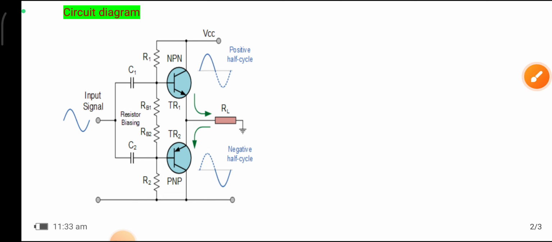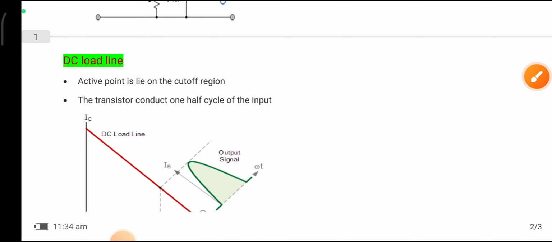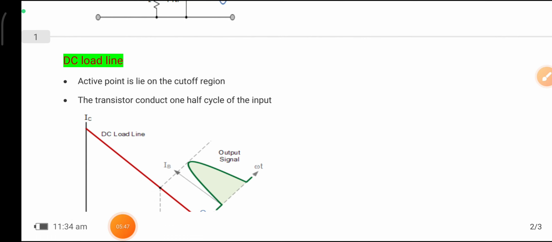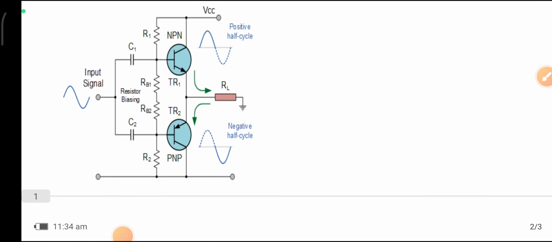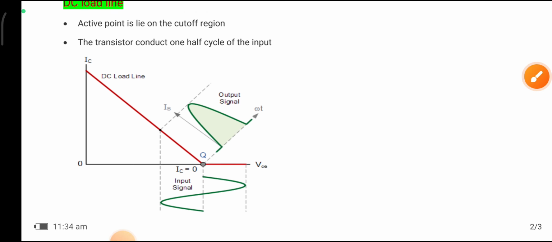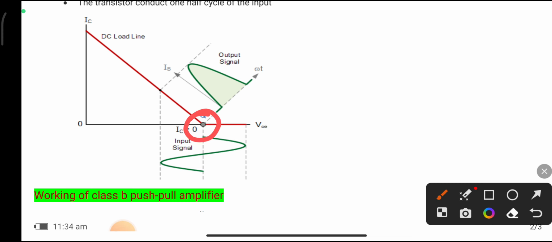So next, the DC load line. Here RB1, RB2 and R1 and R2, these resistors provide the suitable active point for the transistor. The active point of the transistor lies in the cutoff region. You can see here the active point lies in this region, the cutoff region. So one of the transistors is on in the positive half cycle and the other transistor is off.